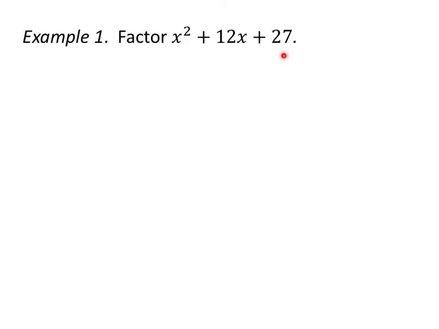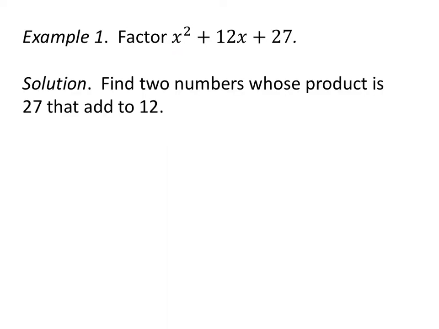So our first goal is to factor x squared plus 12x plus 27. In order to do so, we're going to need to find two numbers whose product is the constant term, 27, that add up to 12.